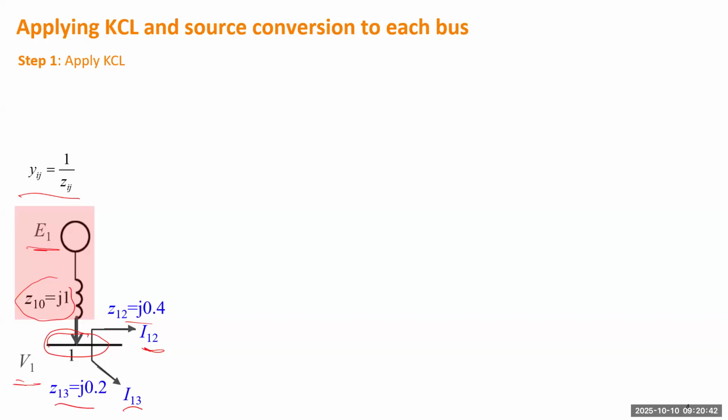So those have to be equal. That's Kirchhoff's current law. So we'll go ahead and write this equation. The left-hand side will be the currents from this bus going to the neighbors. There are 2 neighbors, bus 2 and bus 3. The right-hand side will be current coming into this bus from the source.